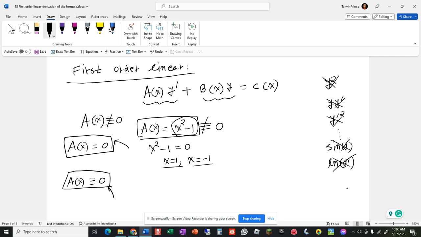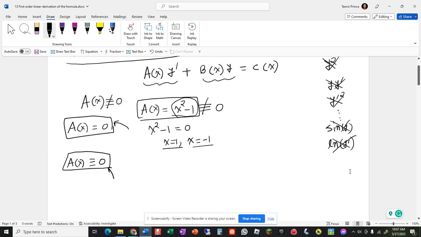Okay, anyway. Because my a of x is not identically equal to 0, I can divide both sides by a of x, as long as we avoid those values of x where a of x is 0. So let's divide both sides by a of x.